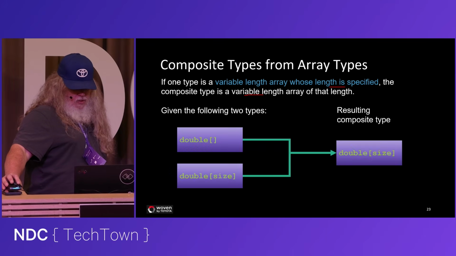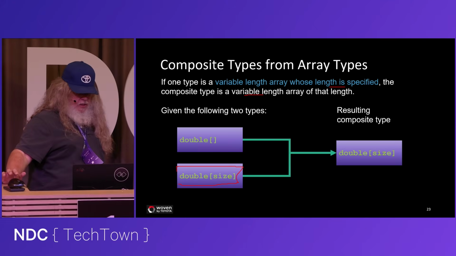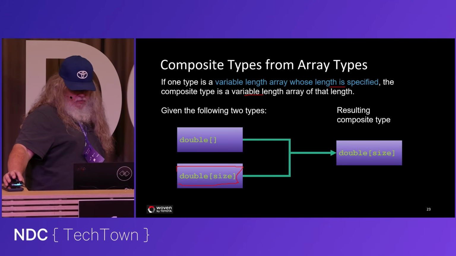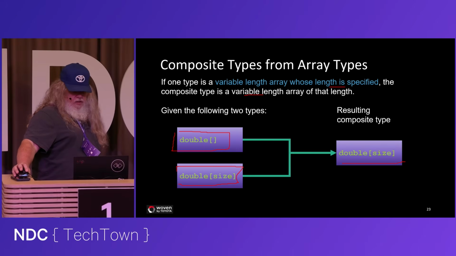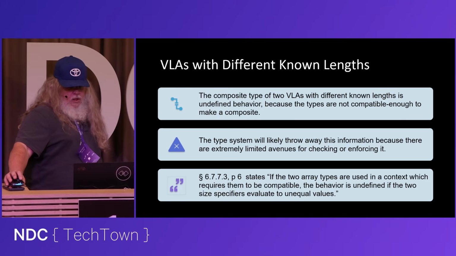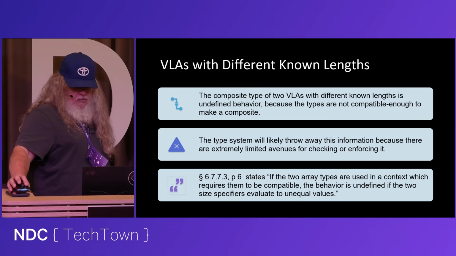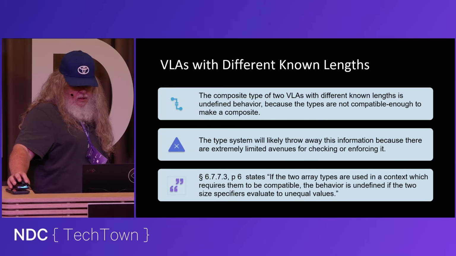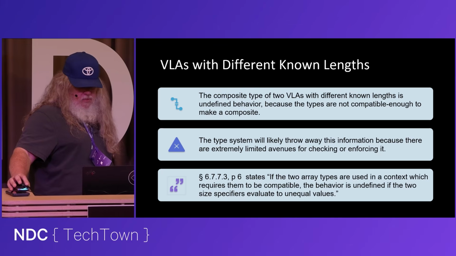So if we have again two types where one type is a variable length array of known size, so the size is this runtime evaluated value, and here we've got an array of unknown size, again, the resulting type will be the variable length array of known size. So the composite type of two VLAs with different known lengths is UB because the types are not compatible enough to form a composite type.